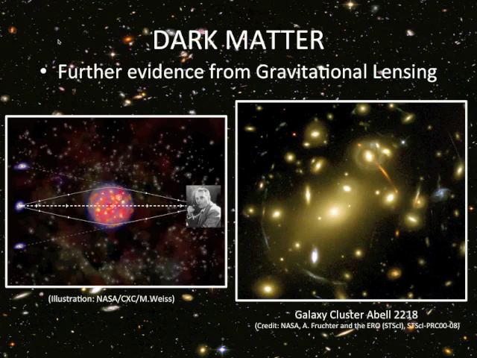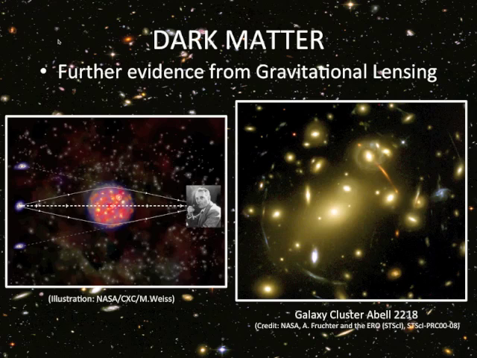gravitational lensing. Now, in Einstein's theory of general relativity, light follows straight lines in space-time, but space-time can get bent by the presence of mass, right? So the net effect that you observe is that rays of light can actually be bent in their trajectory by the presence of mass.